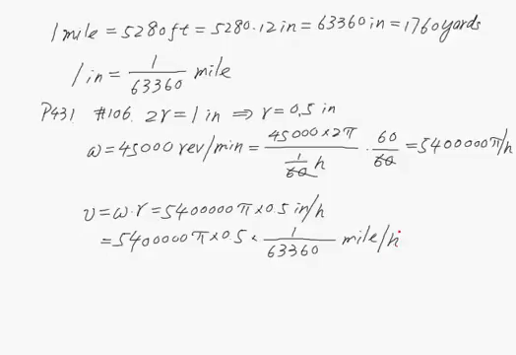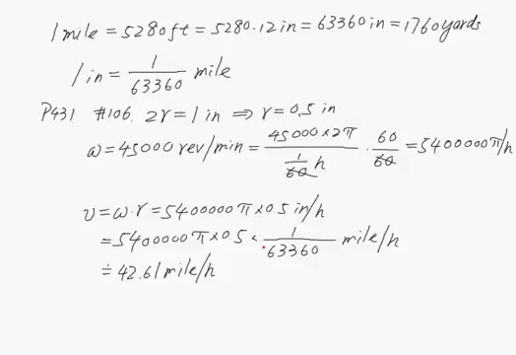Now you can plug in all these numbers into your calculator and then compute. Then finally you get the approximate. So only round off at the last step. Okay, so finally you get the approximate 42.61 miles per hour.